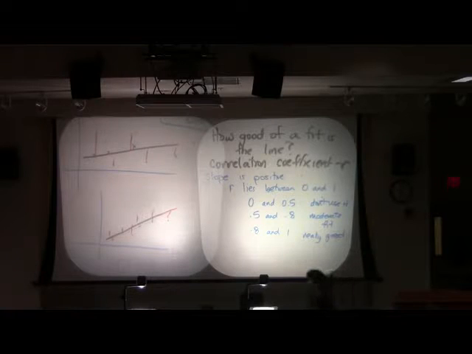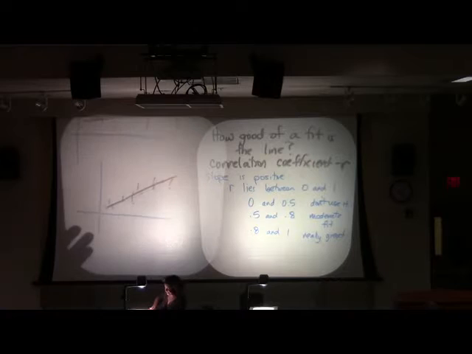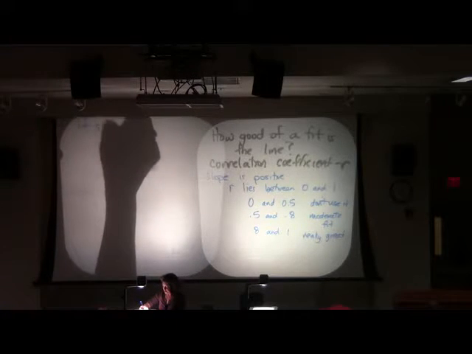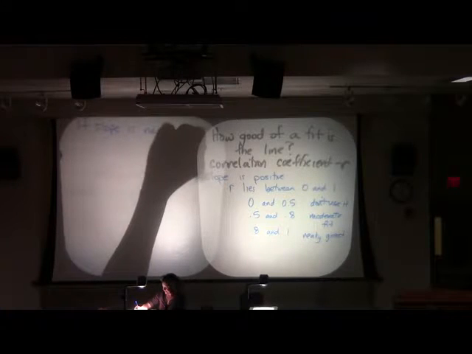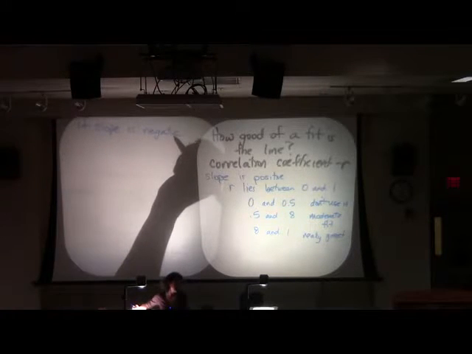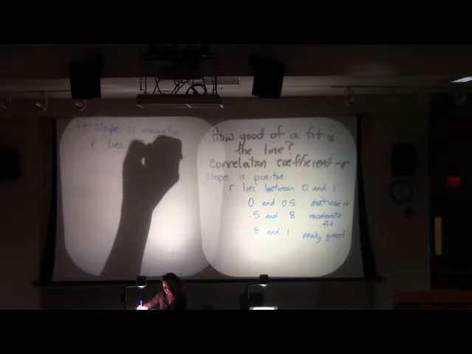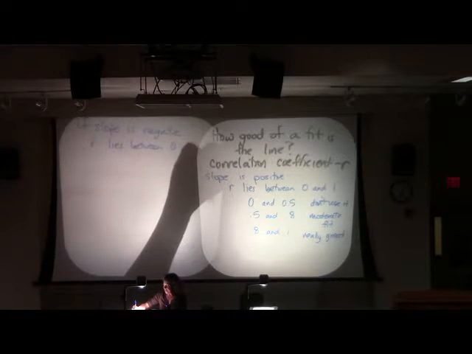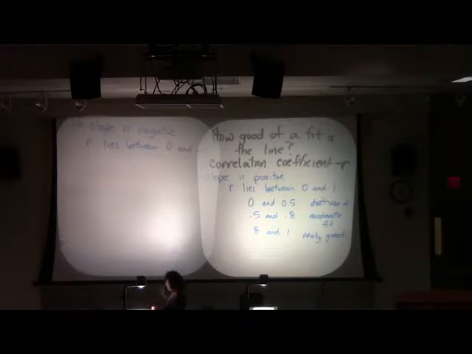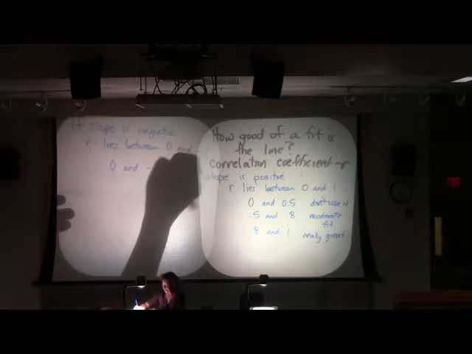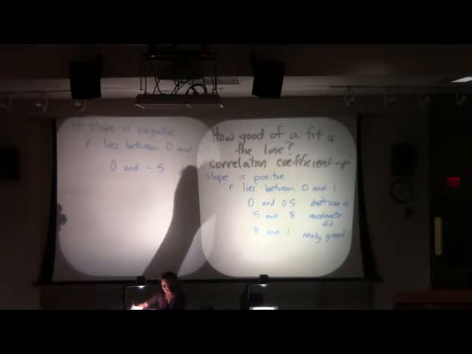Okay? In a similar manner, if your slope is negative, then R is going to be negative. Then R lies between 0 and negative 1. And again, in a similar manner, if R is between 0 and negative 0.5, again, don't use it.